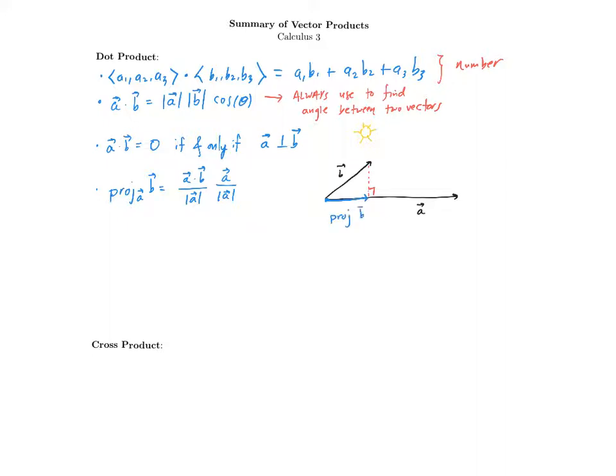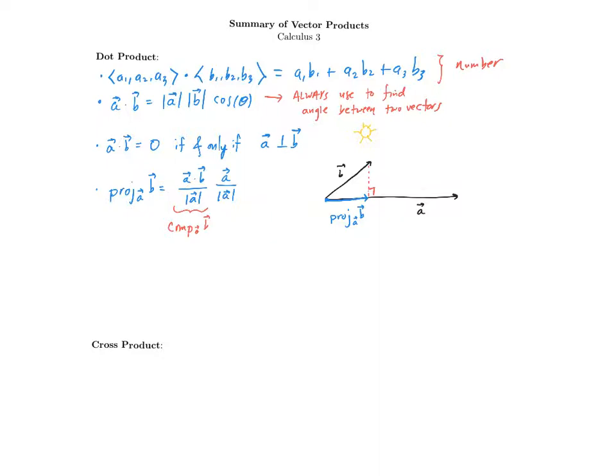We called the first part of it, the directed length, the component of B onto A. That is, it measures how much of B is pointing in the direction of A.